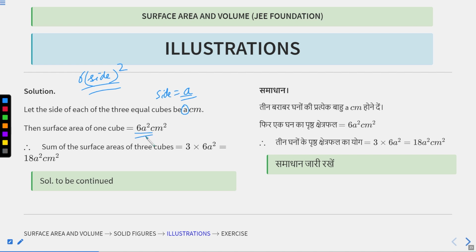So 6a square is my total surface area for a single cube. Now we have three equal cubes, so the sum of the surface areas of the three cubes will be 18a square. I hope this step is clear.